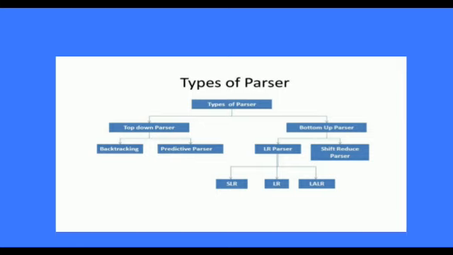Capital A tends to B, C. And capital B tends to D. And the input string is W tends to A, B, C, D, E. You have to draw the parse tree for this input by using top-down parsing. You have to proceed from top to down. First, take S as the root node.